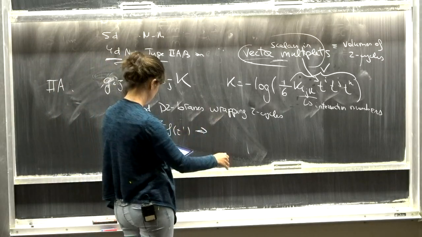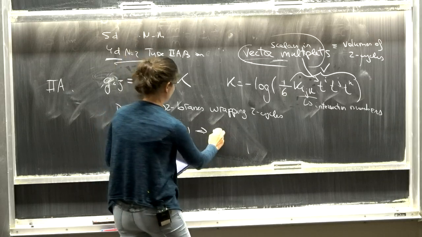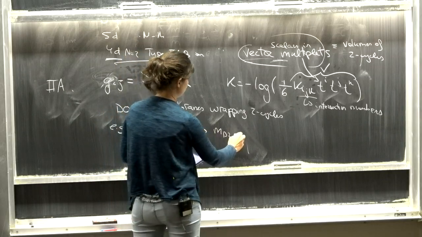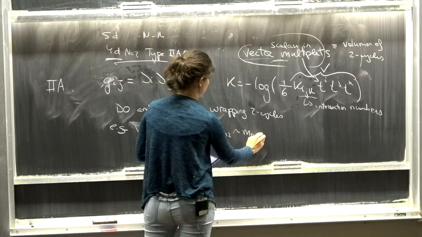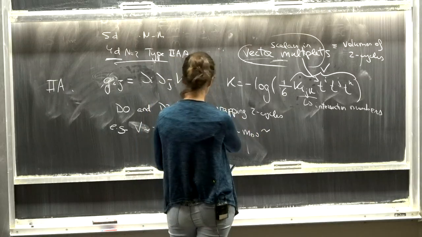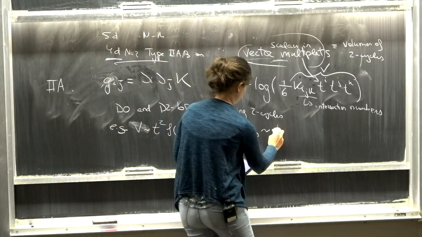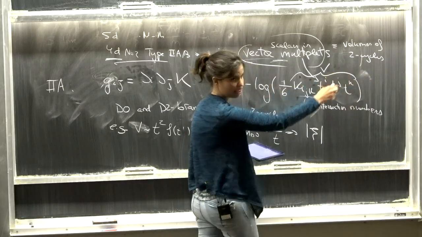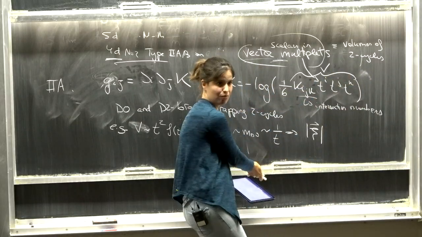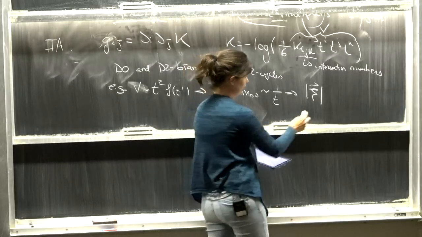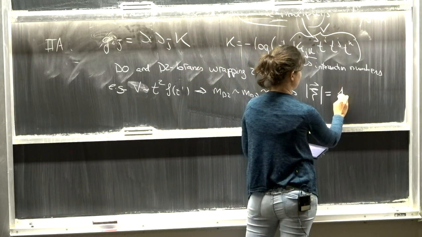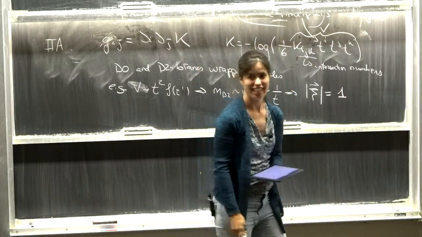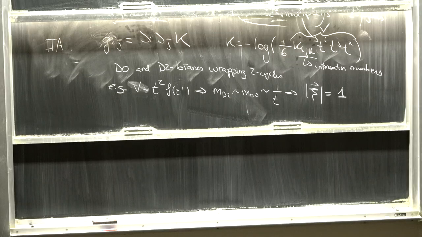There's a lot of mathematics here. And then the mass of the D2 and D0, you can show that they scale at the same rate, which goes as 1 over t. So if you compute this vector that I was computing there, the modulus of this vector here, you get that it's 1.